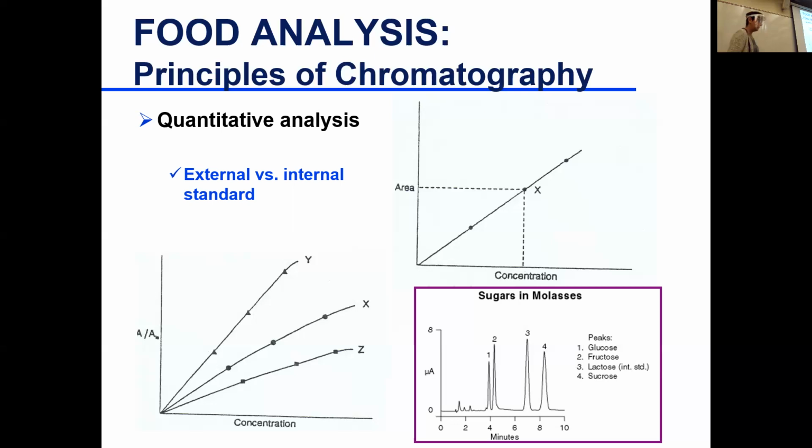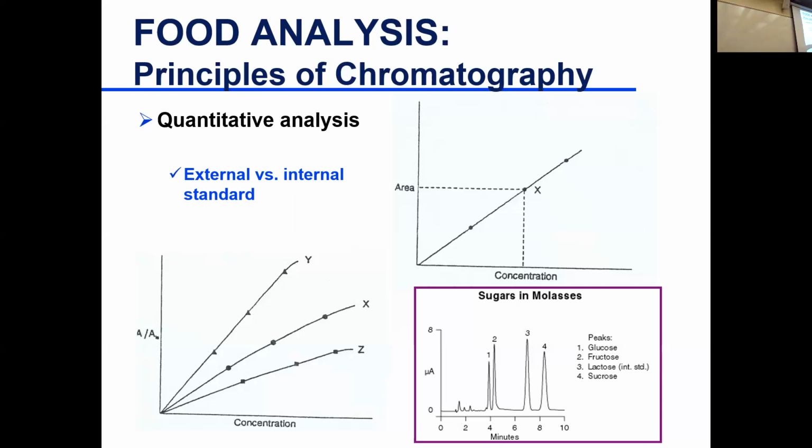Those of you that did the HPLC lab did an external standard where we got caffeine and we prepared different concentrations of caffeine, ran them on the instrument, got area under the curve, and we plotted a standard curve.